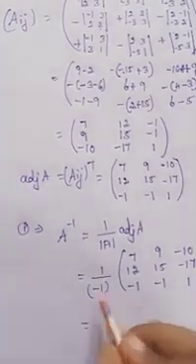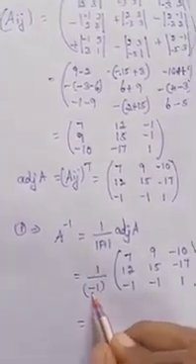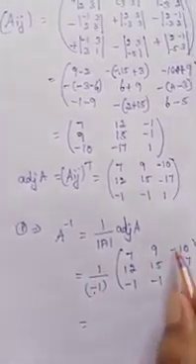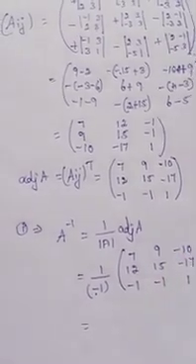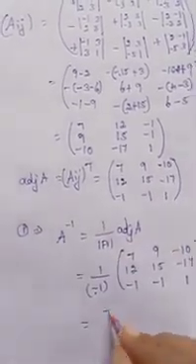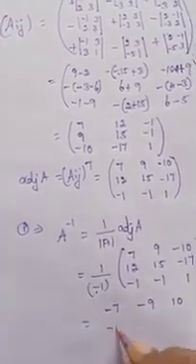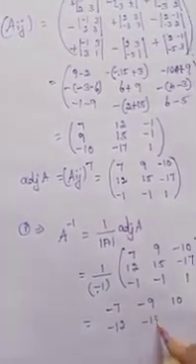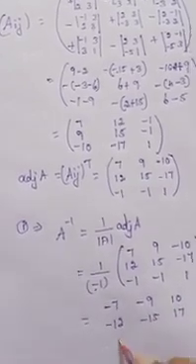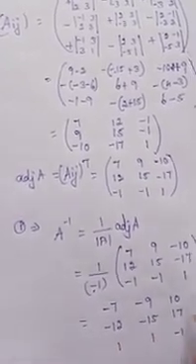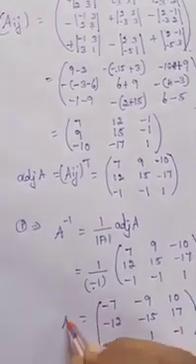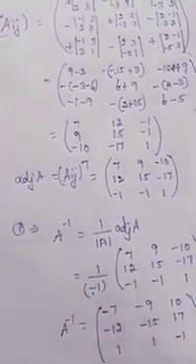So 1 by minus 1 is minus 1. When we give it inside, all will be changed: minus 7, minus 9, plus 10, minus 12, minus 15, 17, 1, minus 1. Thus, we have got that A inverse.